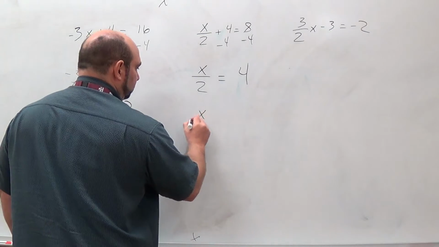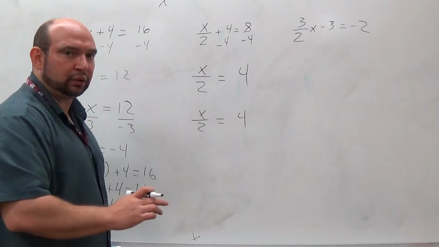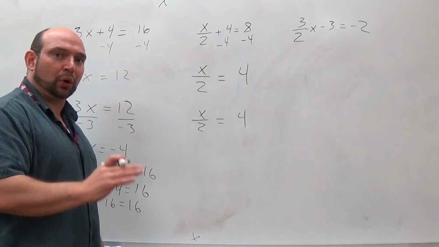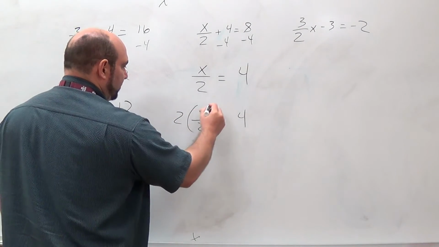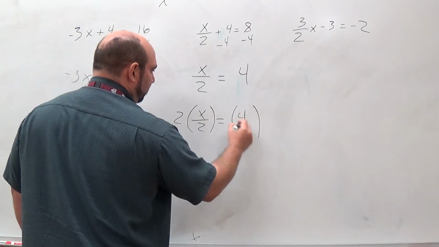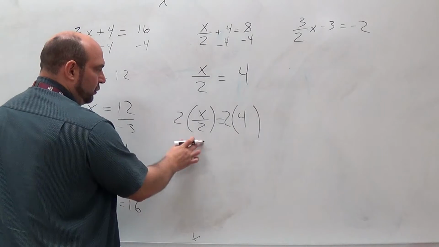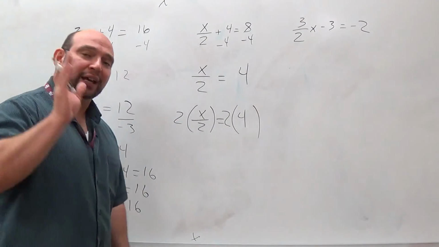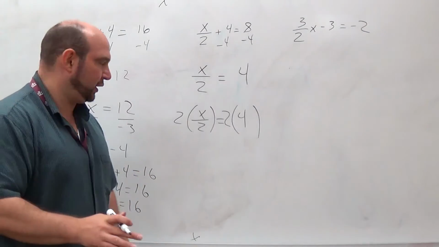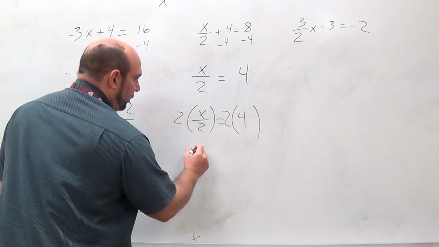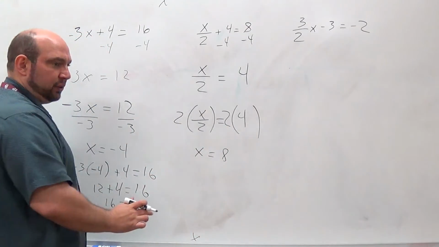So to get rid of this 2, to reduce it out, I'm going to multiply by 2. And when I do it, if I multiply one side, I have to multiply the other side. So this 2 and this 2 are going to successfully reduce out. If you don't remember that, go back and check the fractions, because we go all through that in the video there. So this becomes x is equal to 2 times 4, my 8.